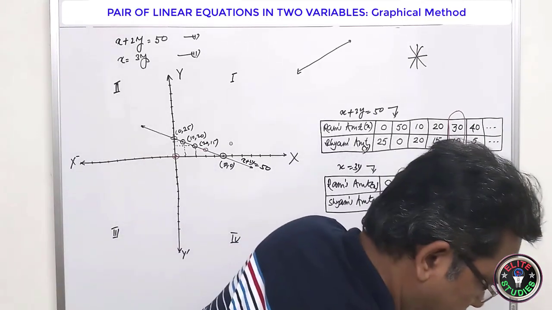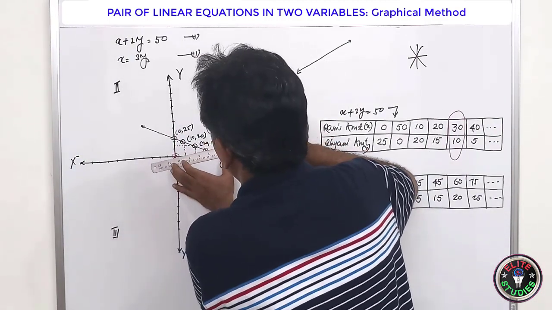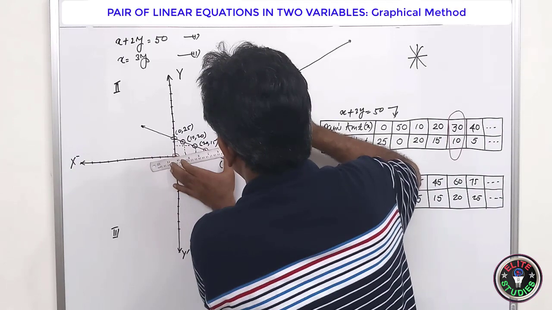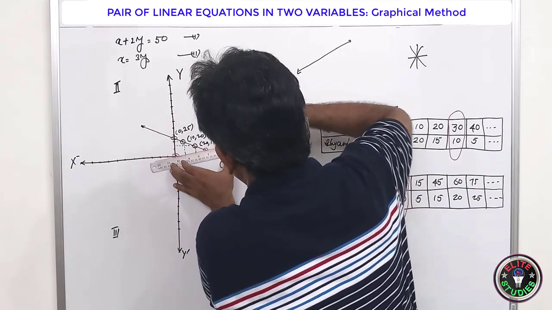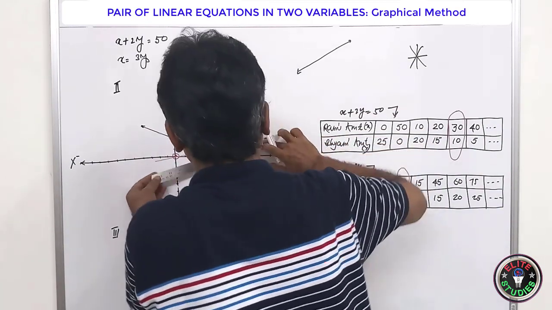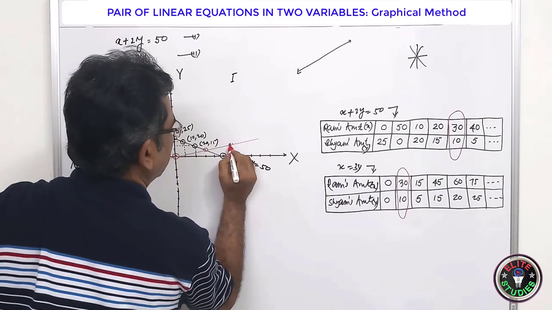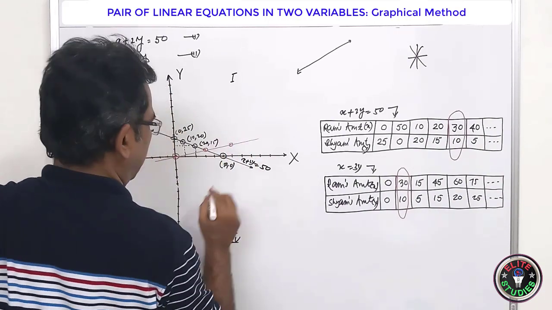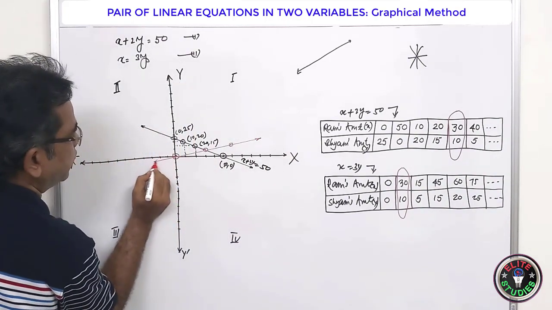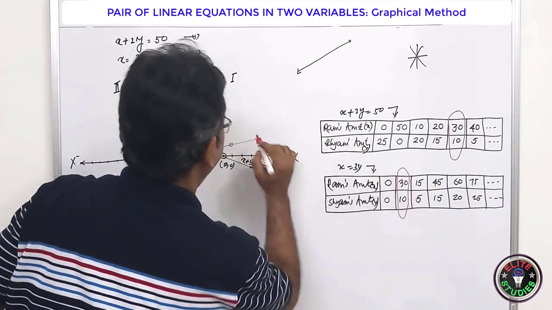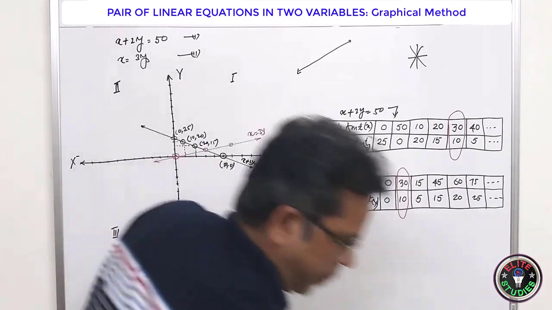So the graph of this will be, yes, roughly I have made it. So this is the graph of this equation, x is equal to 3y.